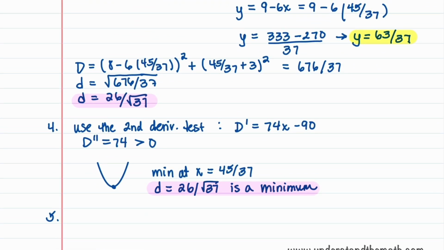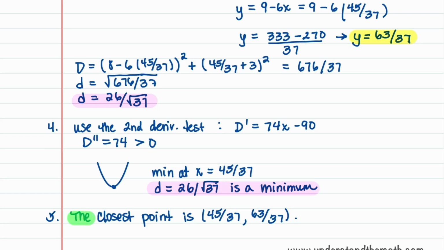So for part 5, we're going to write down that the closest point is 45 divided by 37, 63 divided by 37. And that's our final answer.